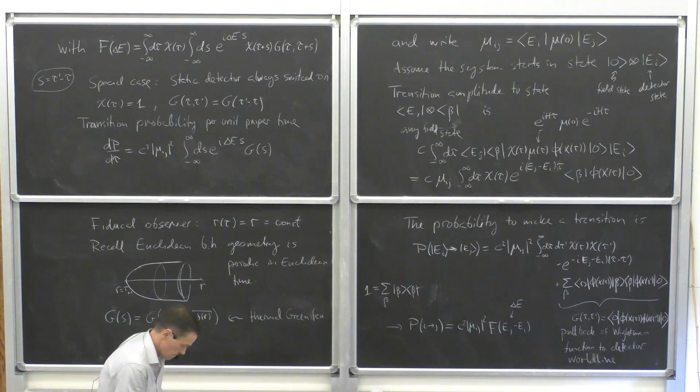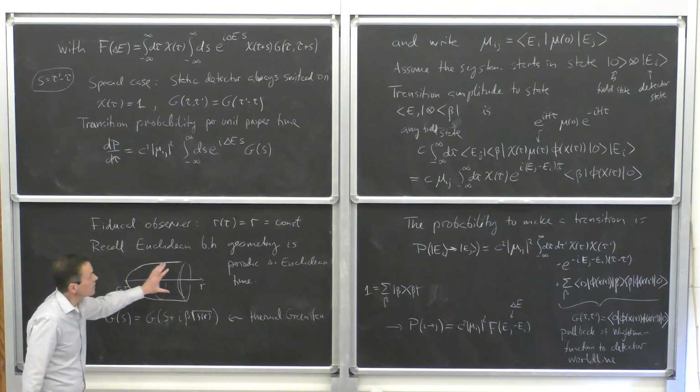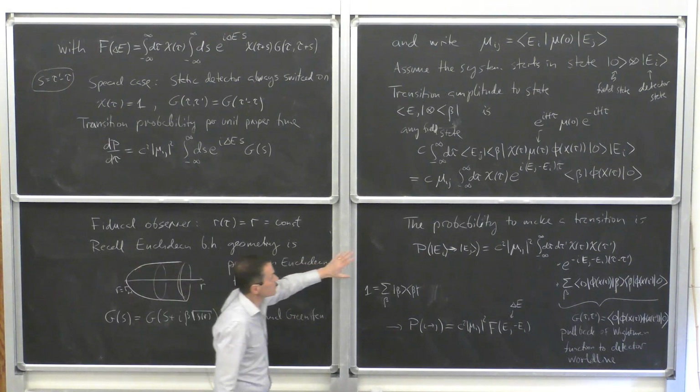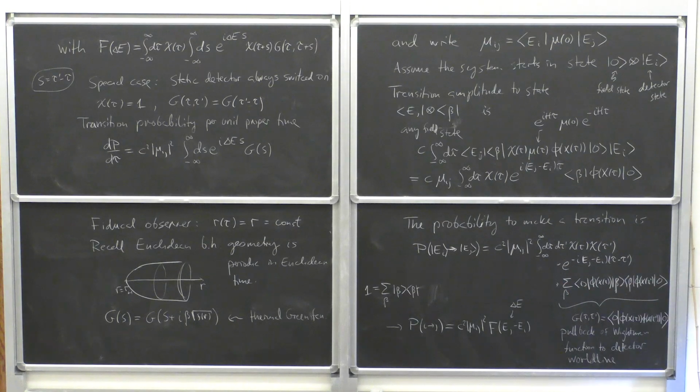All right. Now, everything we said could have been done not for a fiducial observer in a black hole spacetime. We could have had a uniformly accelerated observer in a Minkowski spacetime.